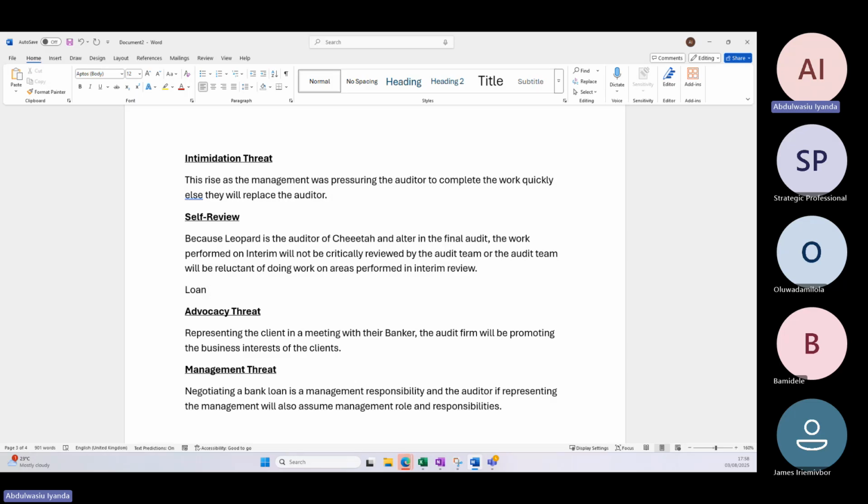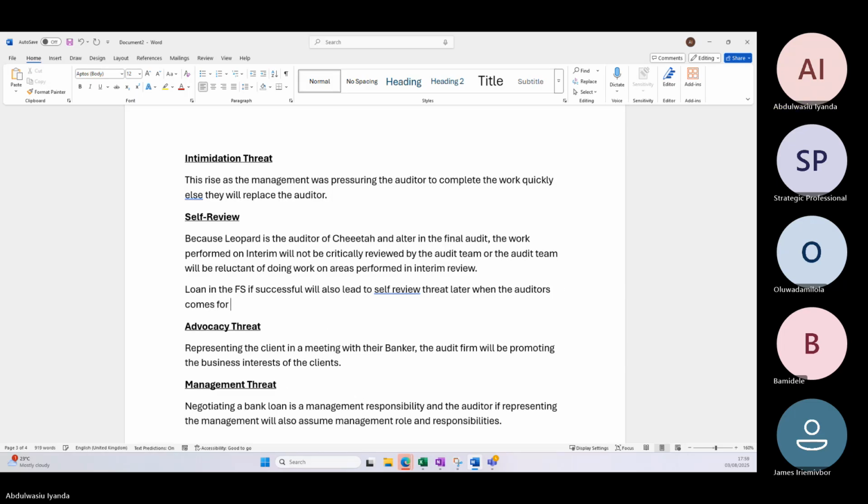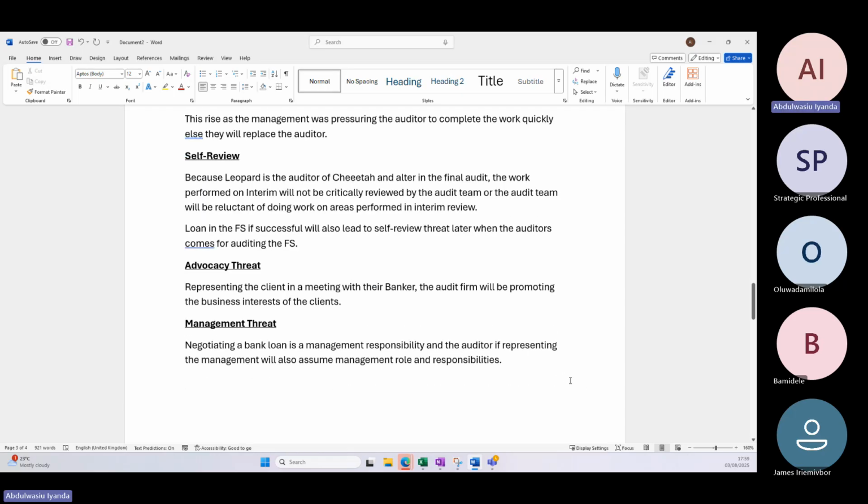So I can say the loan in the financial statement, if successful, will also lead to self-review threat later.